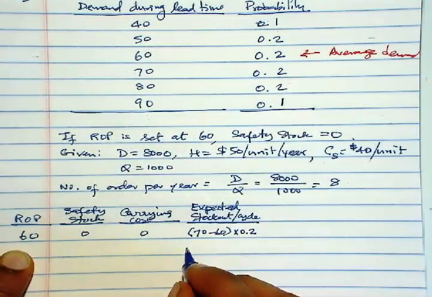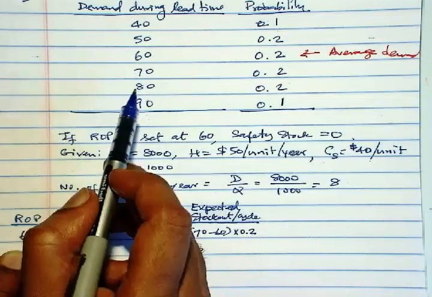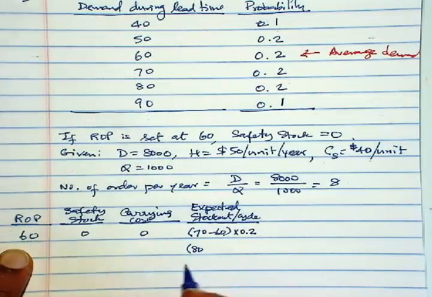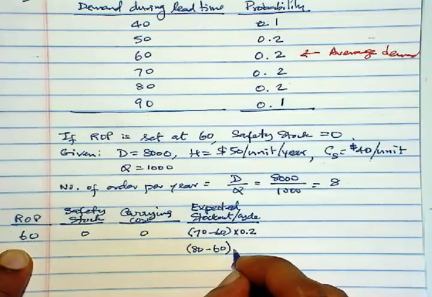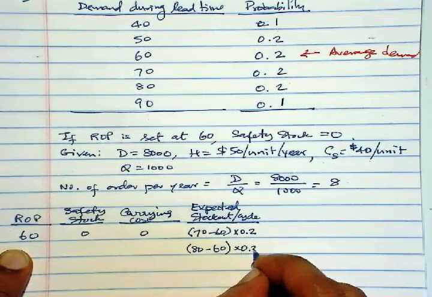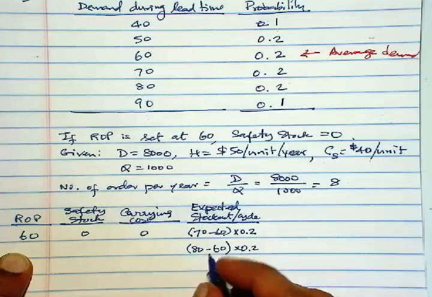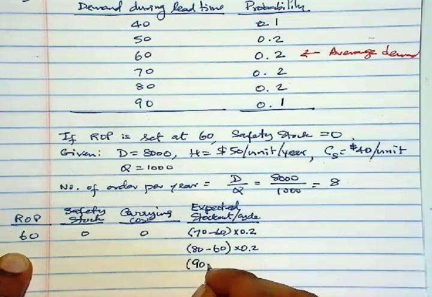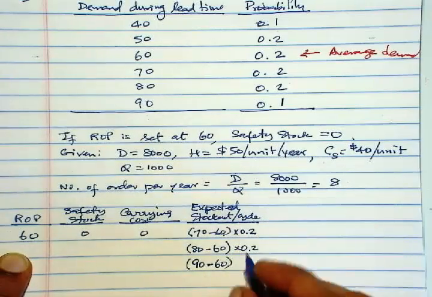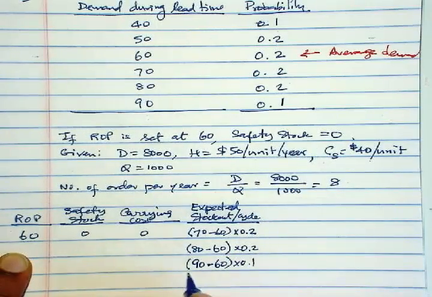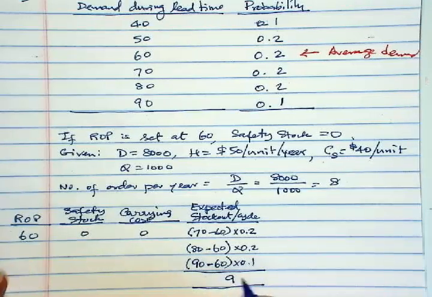And then if the demand is 80 and the ROP is 60, times probability of 0.2, and then if the demand is 90 minus 60 with the probability of 0.1. So when you add all of this up, then you get the expected stock out per order cycle of 9 units.